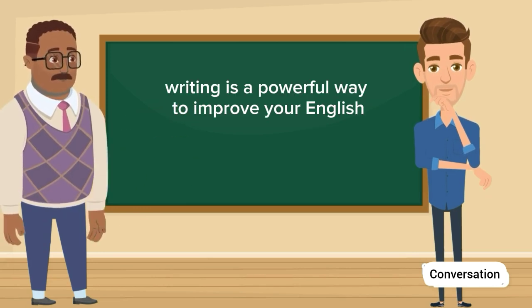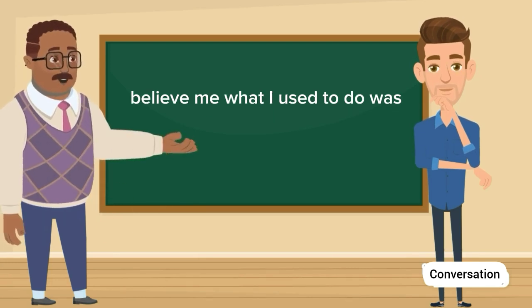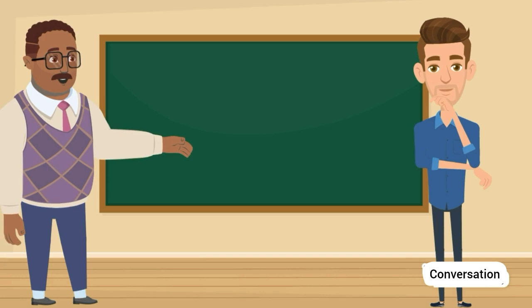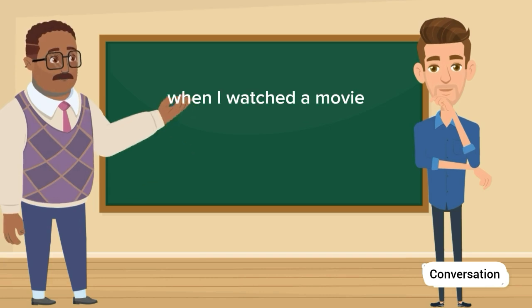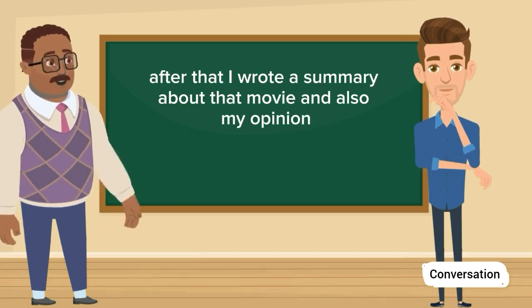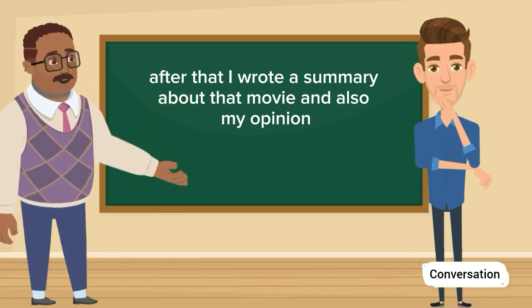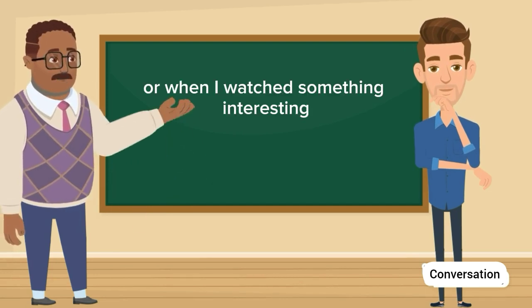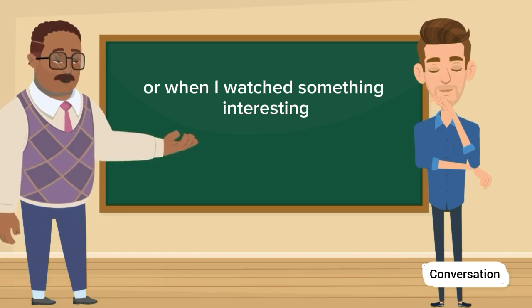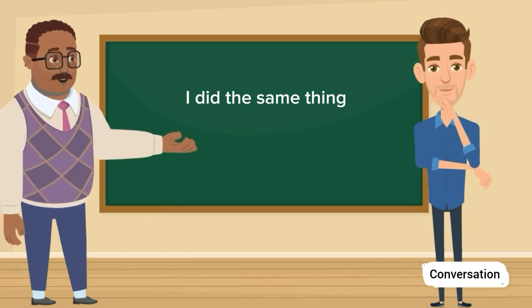Writing is a powerful way to improve your English, believe me. What I used to do was, when I watched a movie, after that I wrote a summary about that movie and also my opinion. Or when I watched something interesting, I did the same thing.